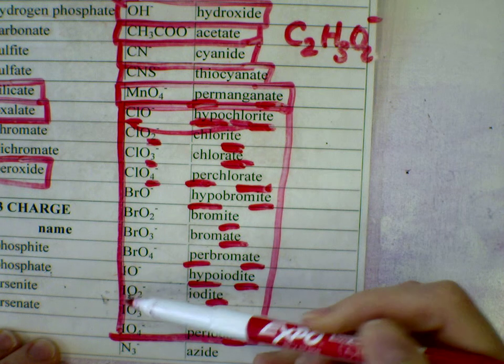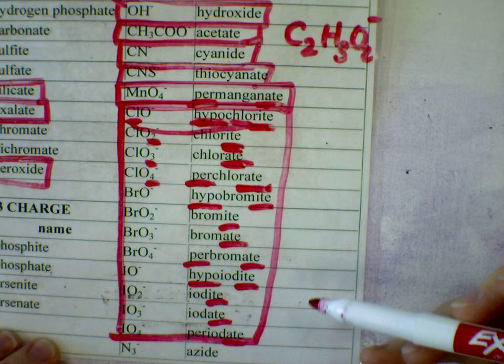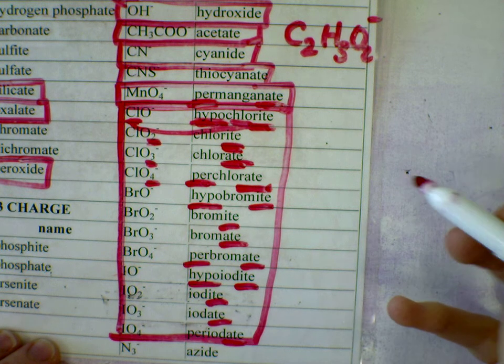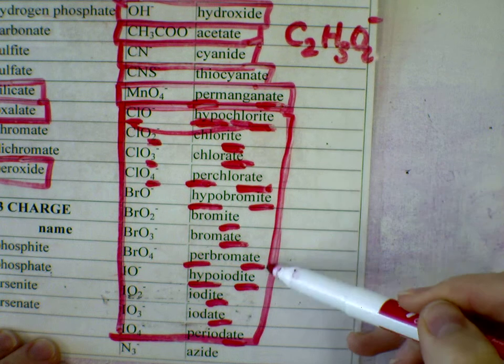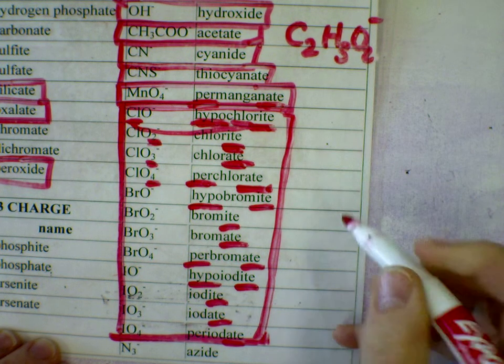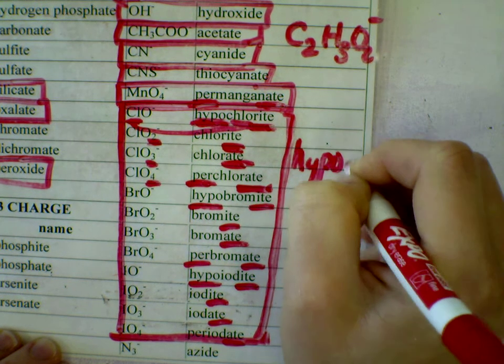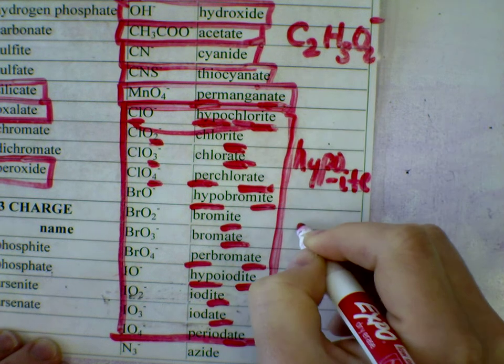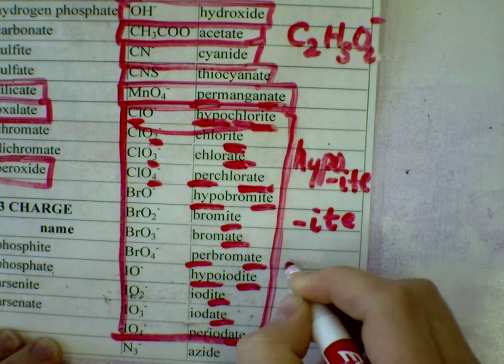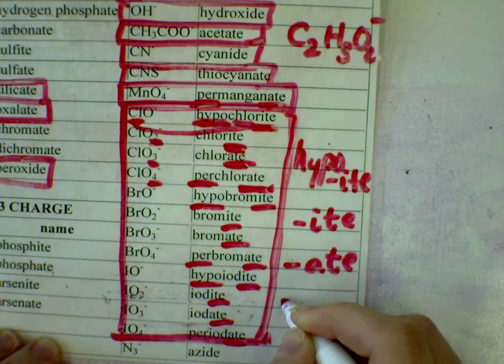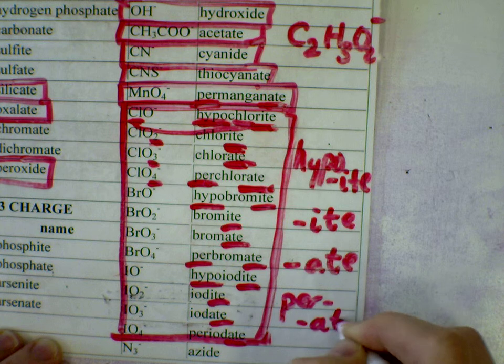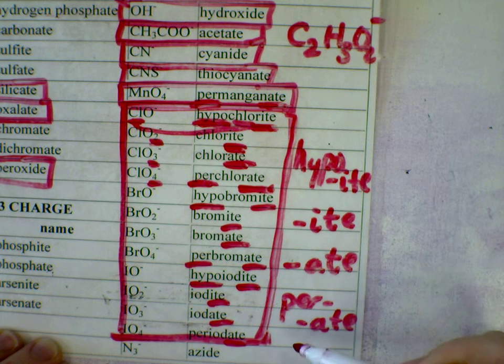And by doing that, you end up with a whole new 4 set. So these ones, even though there's 12, really you just need to remember that it goes hypo with ite, and then there's ite, ate, and per, ate. So 4 things to remember, and that's it.